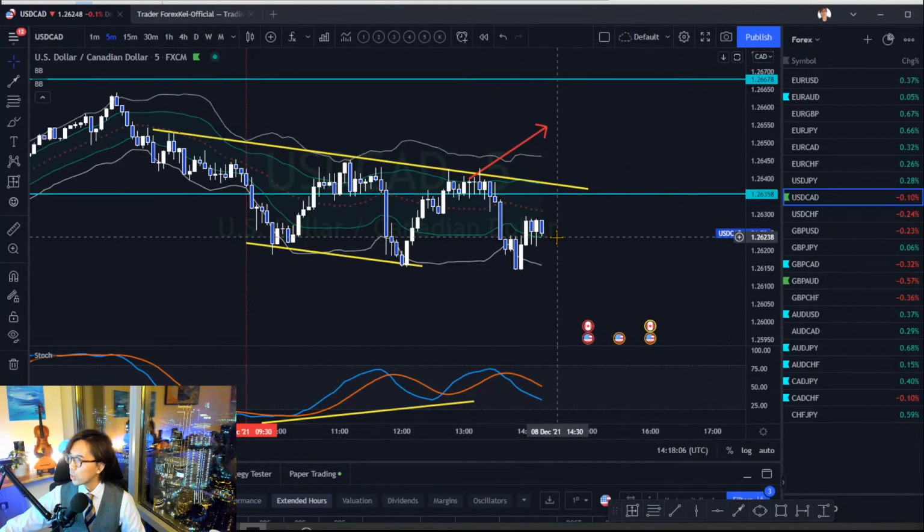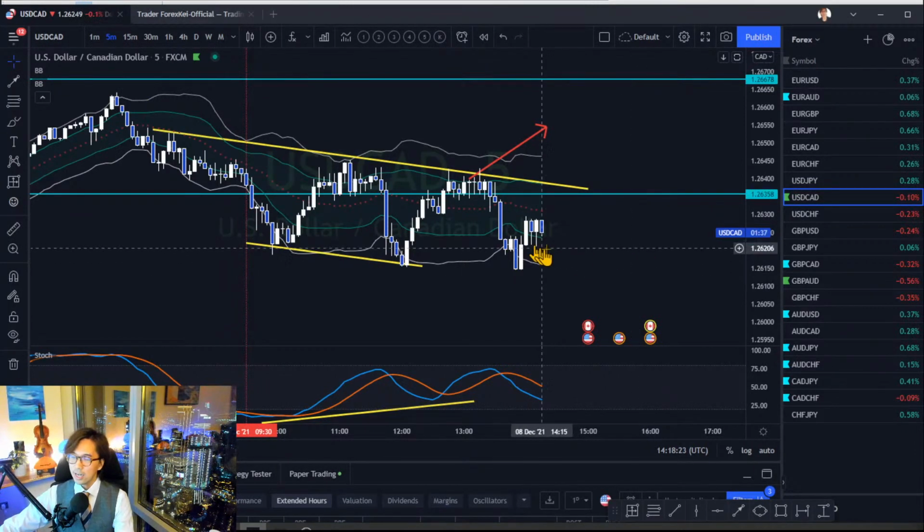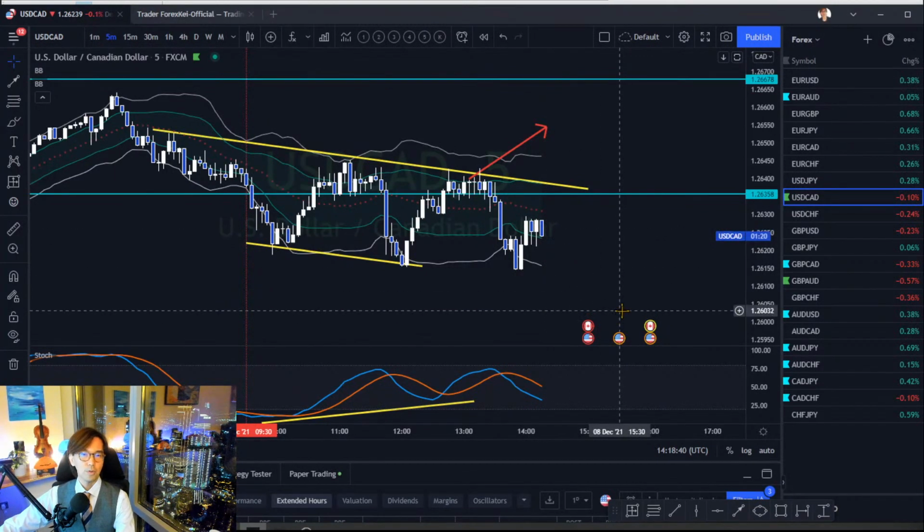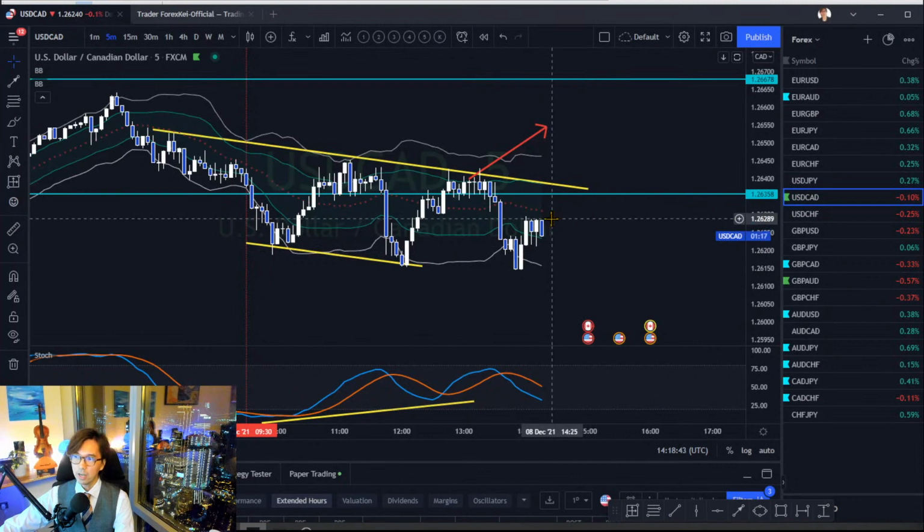We have about 42 minutes until the news release, and in the 5-minute chart there will be 8 candles from now. Within 8 candles, if it doesn't break the support, then I might exit, watch the news, and come back after. If the turnout is positive, the market will be down. But if the turnout is negative for the market, this pair can go up and it might hit the stop.